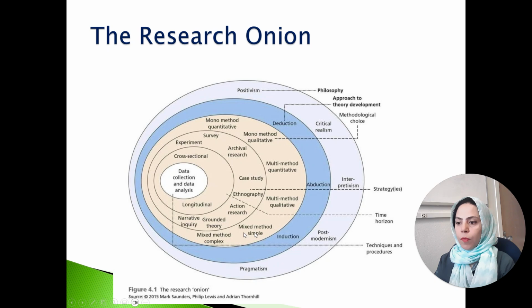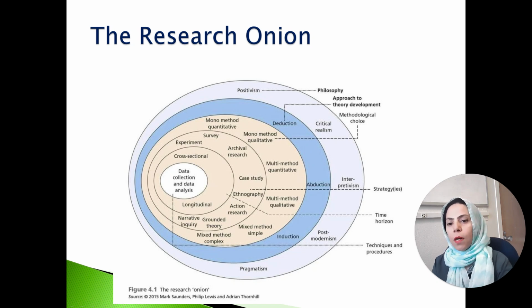And then there are these approaches. One thing before I go further into the details of this research onion: as a research student you should know that researchers sometimes use different terms for these layers. For instance, here it is written approach to theory development.